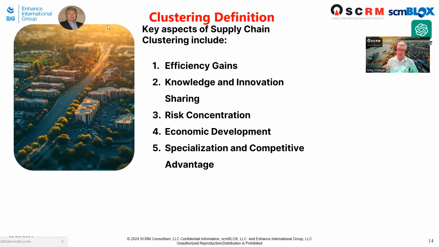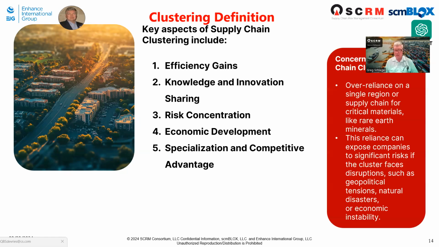However, there are concerns with supply chain clustering. One is over-reliance on a single region or supply chain for critical materials like we're talking about. The reliance can expose companies and or countries to significant risks if that cluster faces disruptions such as geopolitical tensions, natural disasters, economic instability, and more.